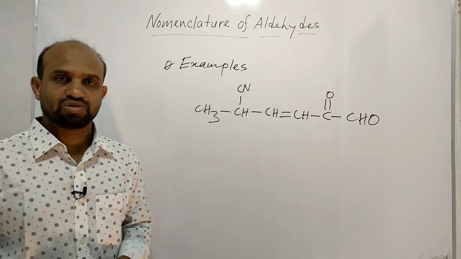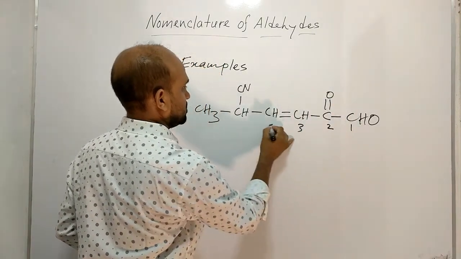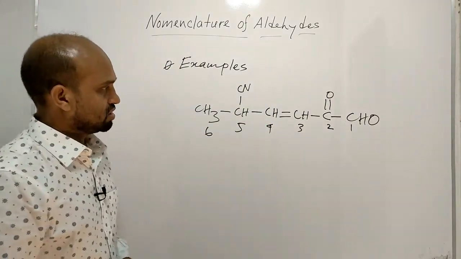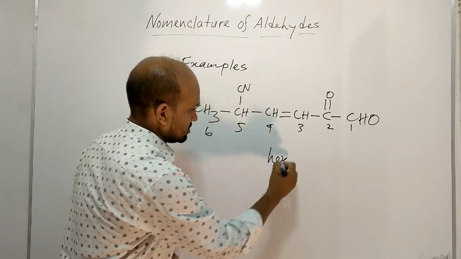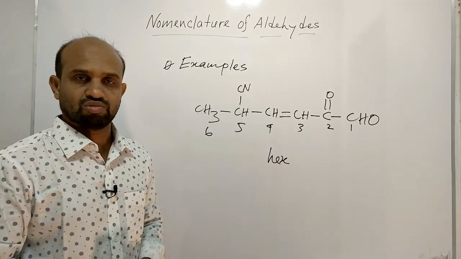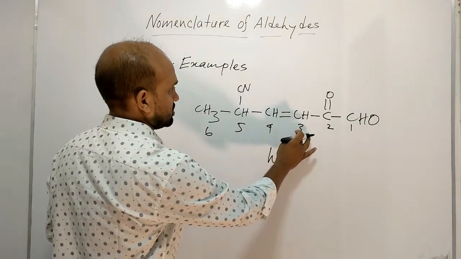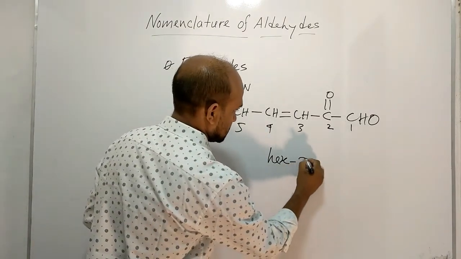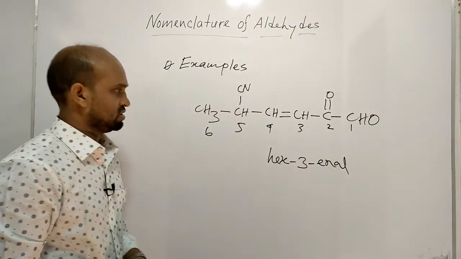Let's see the name of this compound. First of all, carbon atoms are numbered from the right. 1, 2, 3, 4, 5, 6. Now we see hex is the word root here, and at carbon 3 there is a double bond. So hex-3-enal.